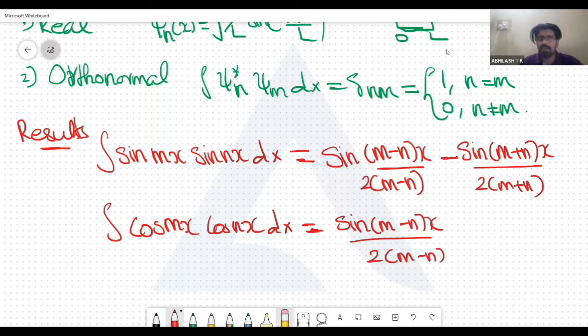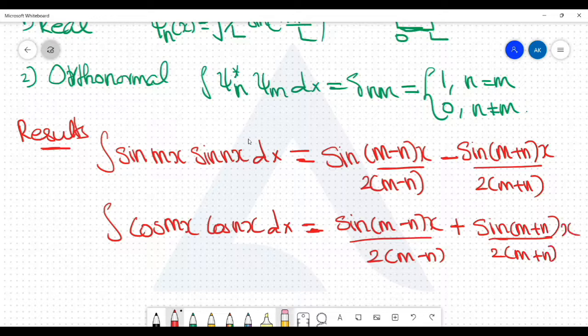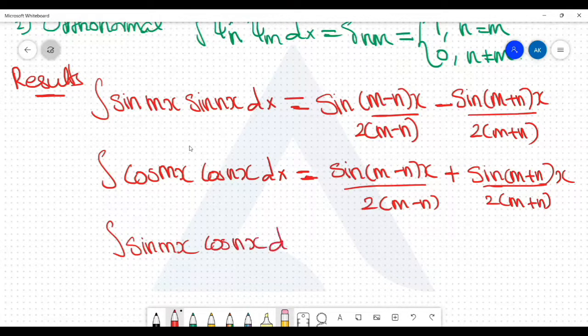Now we have a plus. If you have cos, you have a plus, then sine (m plus n)x divided by 2(m plus n). Now the last and one of the important identities, which is sine and cos intermixing: the integral of sine mx cos nx dx.